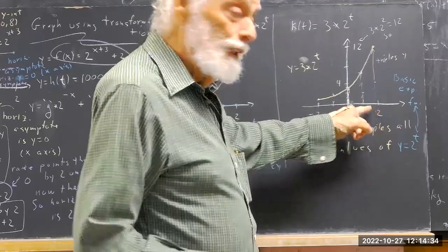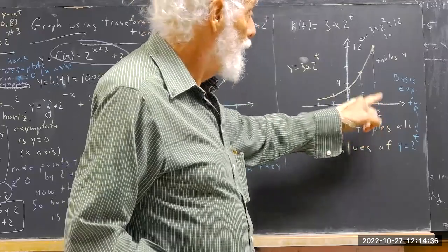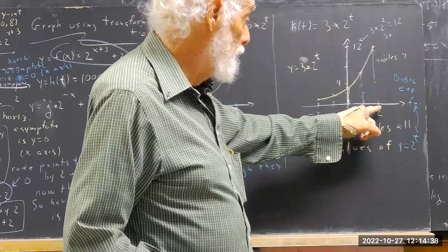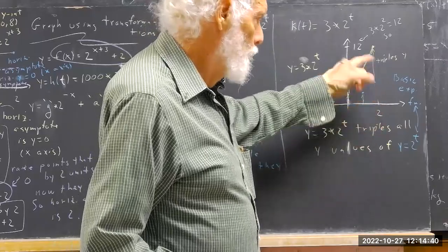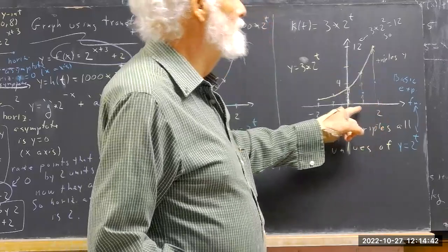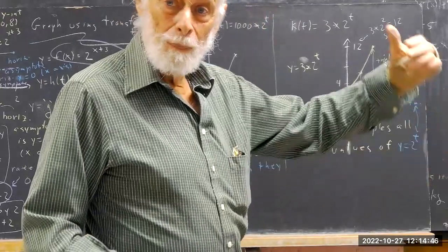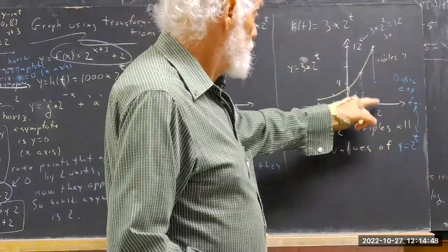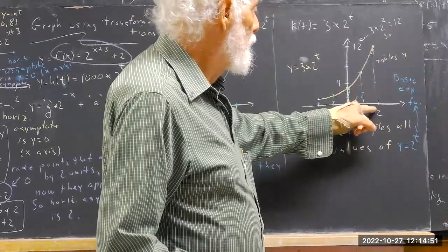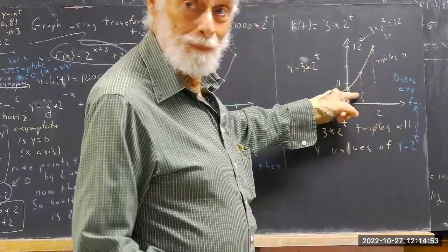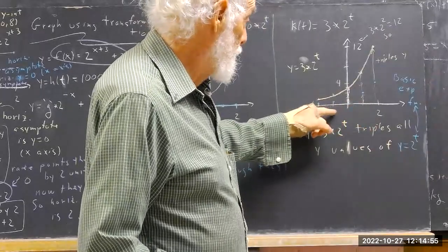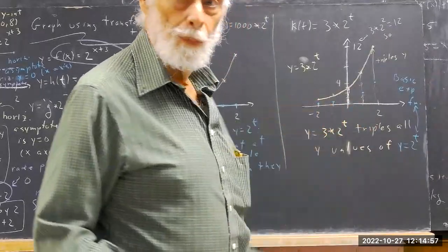So if you move to the left, you cut the y value in half. When x moves 1 unit to the left, y becomes 1/2 as great. So we have y equals 4 here. Half of that is 2. Half of that is 1. Half of that is 1/2. Half of that is 1/4.